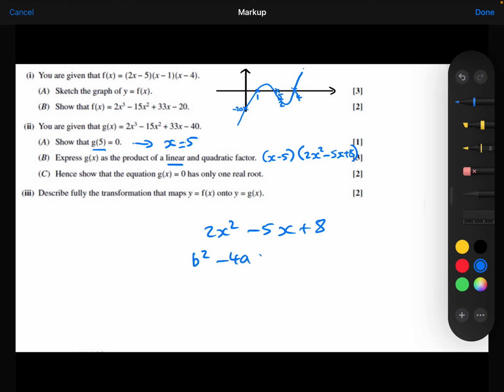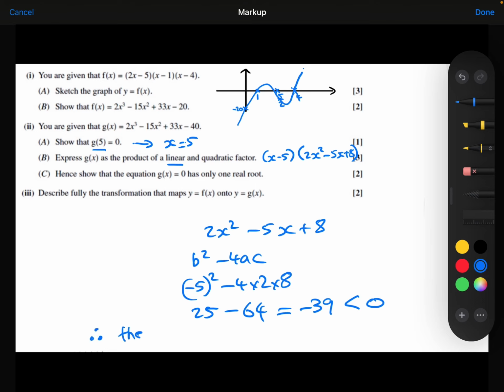So let's do that. B squared minus 4ac. The b is minus 5. The a is 2. The c is 8. So we get 25 minus 4 times 2 times 8, which is 64. We get minus 39, which is less than 0.